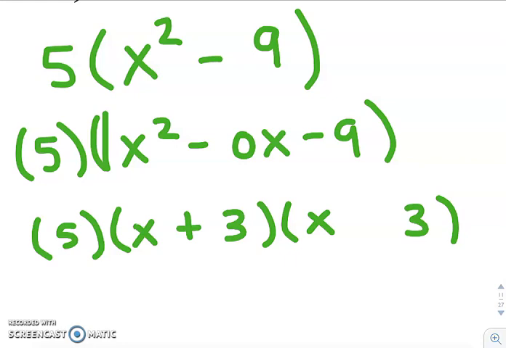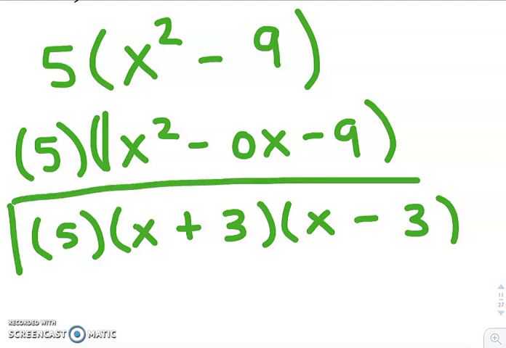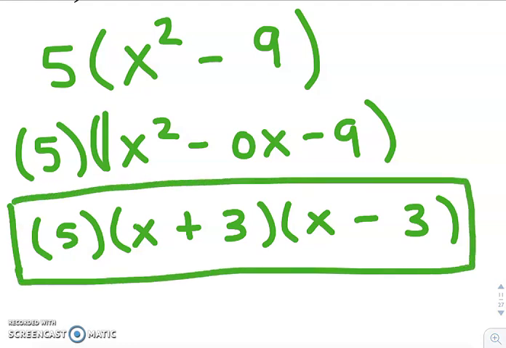So we want a plus and a minus so that this equals 0 in the middle there. And if you would have left that 5 in there, it wouldn't have been a difference of squares because you don't get the squares until you factor the 5 out. So sometimes you have to factor out that GCF first, but regardless, that should always be your first step. Check to see if you can pull a common term out first.